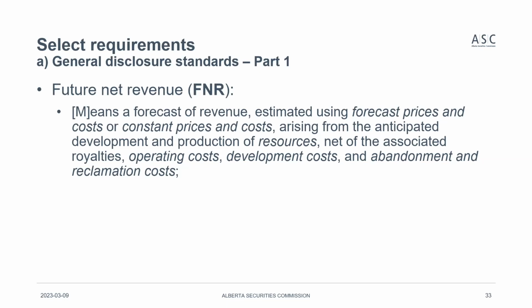Resource is a term we use to refer to reserves and resources other than reserves, so contingent resources, prospective resources, etc. Net of associated royalties, operating costs, development costs, and abandonment and reclamation costs. So future net revenue is effectively the total revenue with these things netted off.